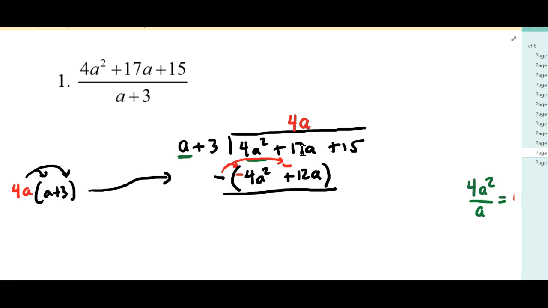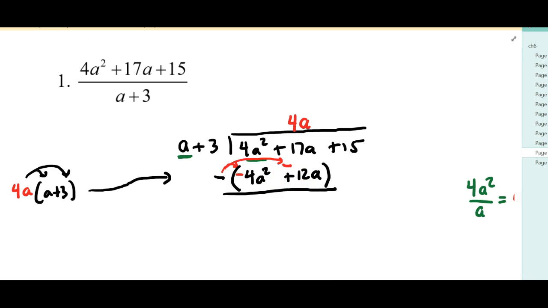And then if you do that, you've got to switch the signs. So it's like plus a negative 4a squared minus 12a, because the minus here is really saying plus a negative 1, and if you were to distribute it, it would switch all of the signs. So we're mentally switching those signs.